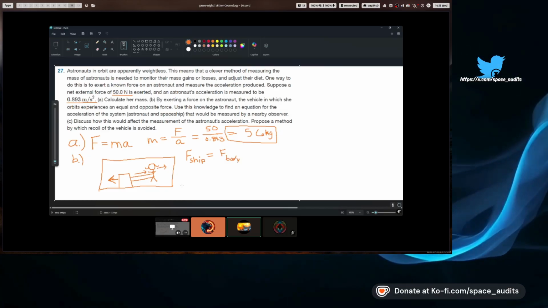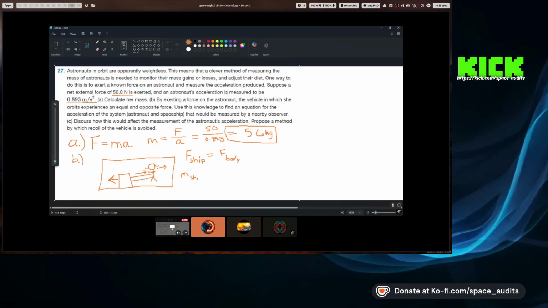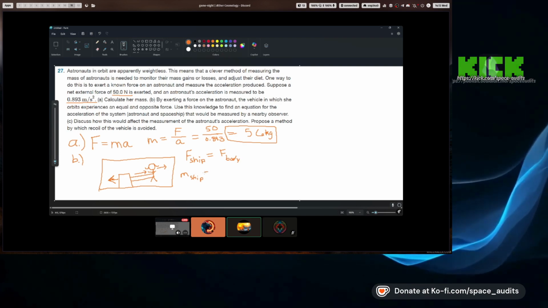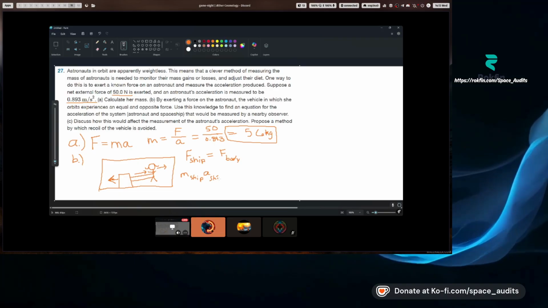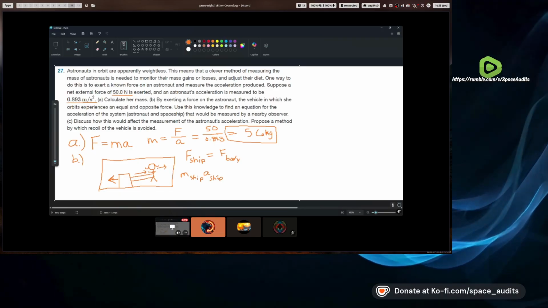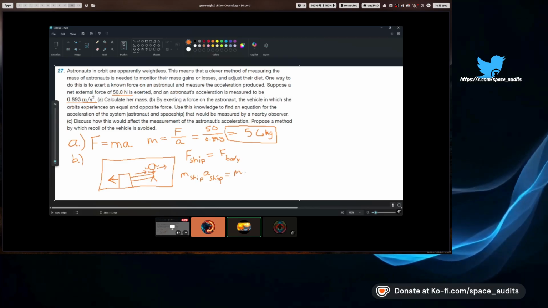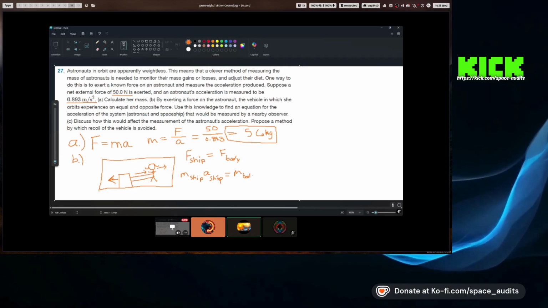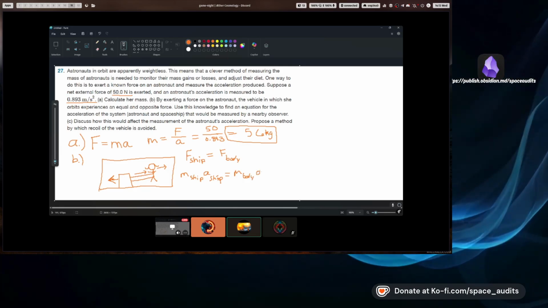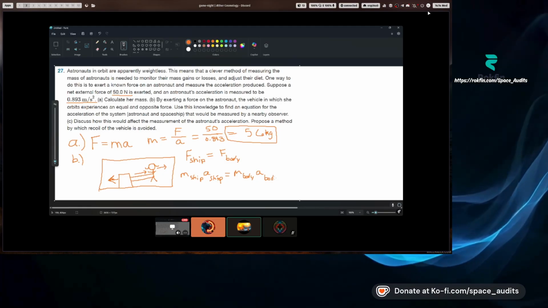And F equals ma, so I can say the mass of the ship times the acceleration of the ship is equal to the mass of the body of the astronaut times the acceleration of the body of the astronaut.